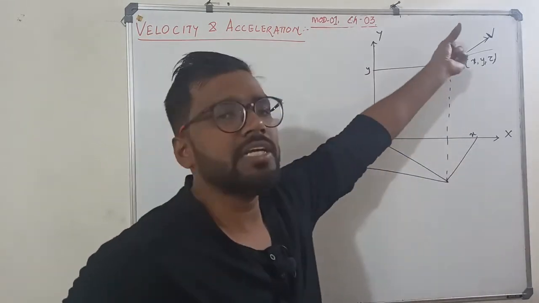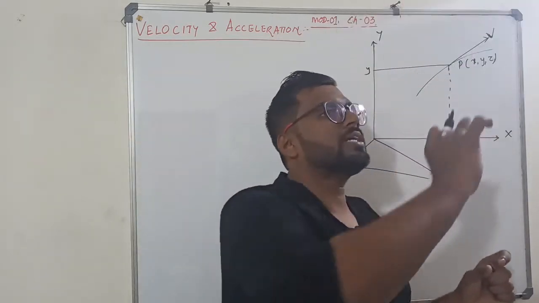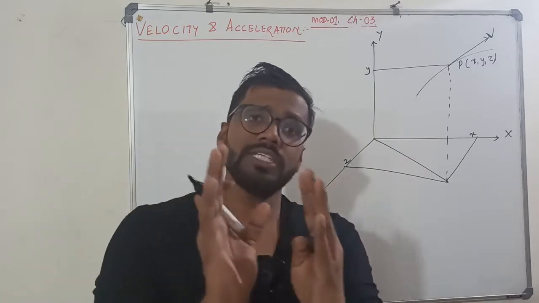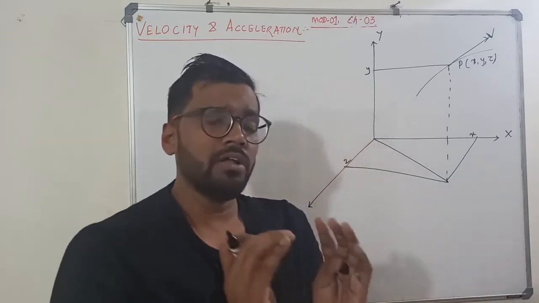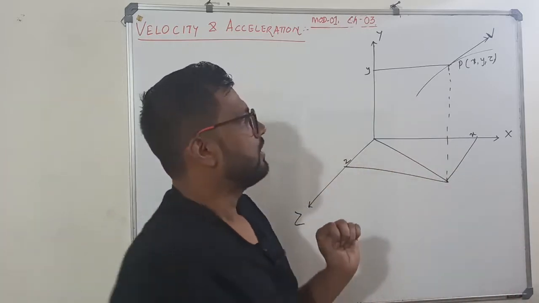And so this V is moving in space. Space is three-dimensional. So it has some component of velocity along the x, along the y, and along the z direction.